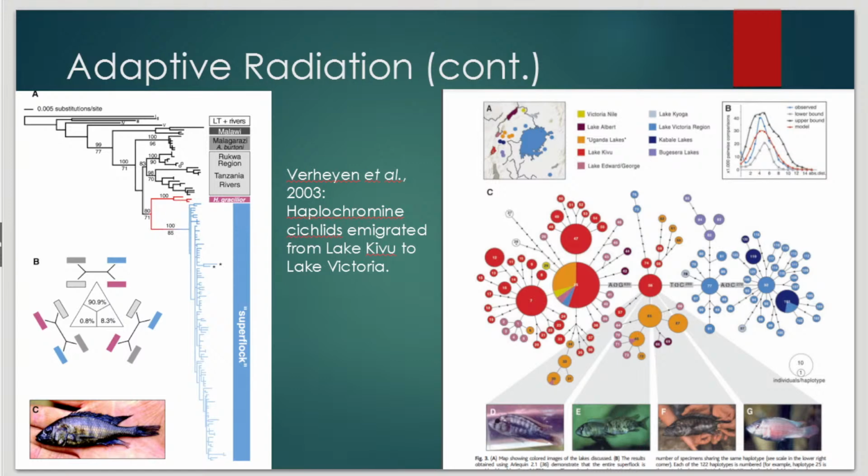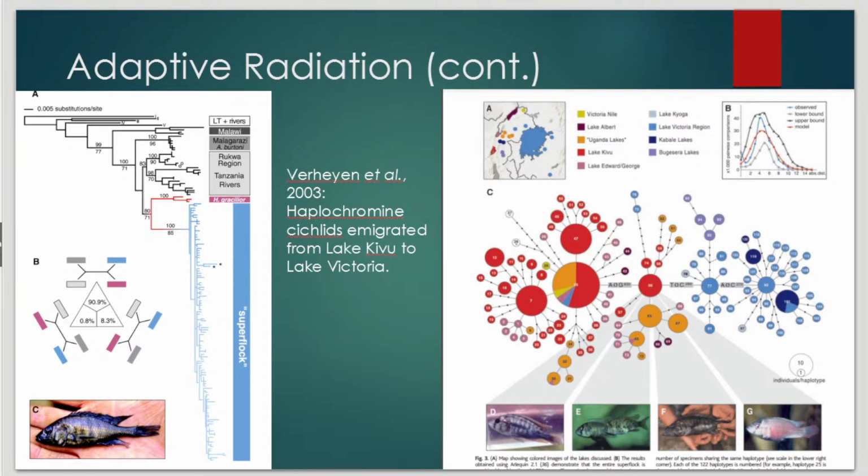And so the cool thing, relating that to the cichlids, is if you think of the Lake Victoria superflock as like all of the non-Africans, sure, there are way more groups of non-Africans, but they're all more closely related to each other than the different African populations are to each other.